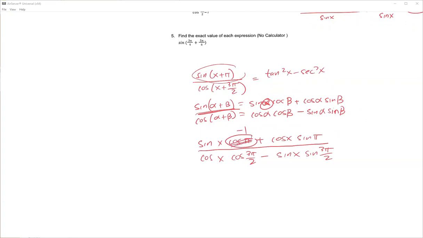If you use a unit circle, sine pi is 0. Cosine 3 pi over 2 is 0. Sine of 3 pi over 2 is -1.